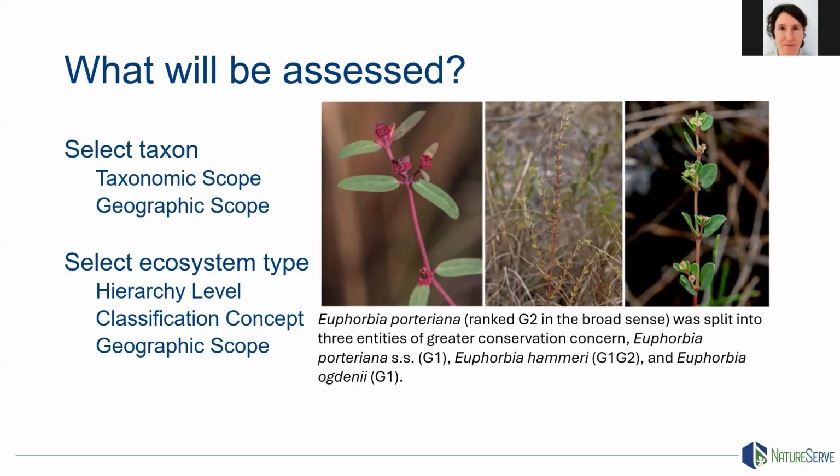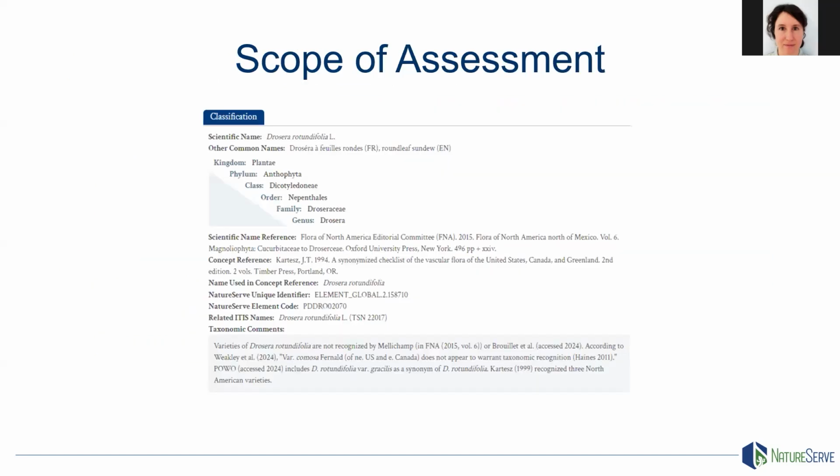The process is similar for selecting an ecosystem type. NatureServe Explorer and Biotics provide taxonomic and geographic information. You will see that there are 2 taxonomic references. The concept reference shows the origin of the record in our database associated with the name used in the concept reference.